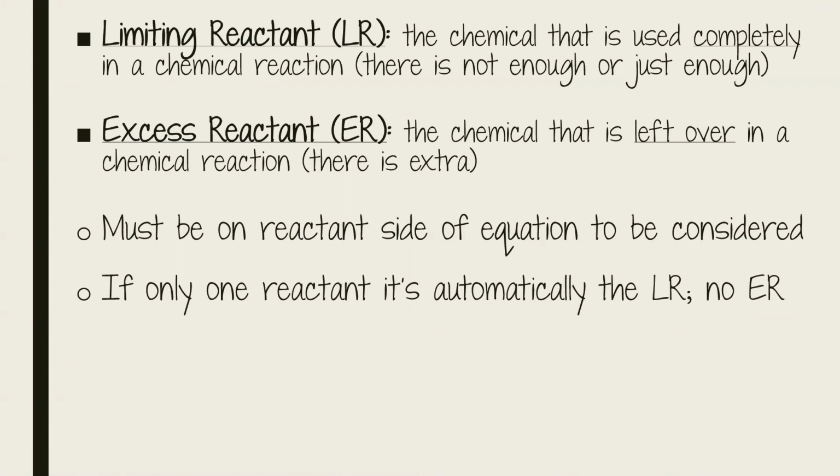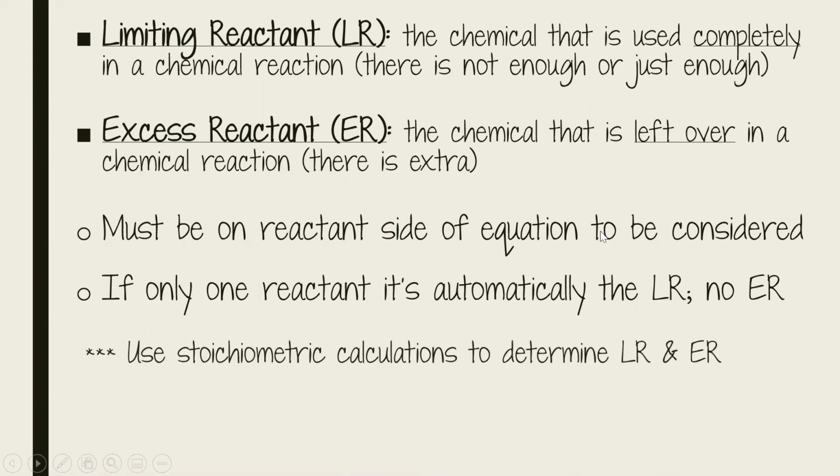There are going to be situations where you only have one reactant and it decomposes. Okay, if that happens, I'm not tricking you. You don't have to actually solve. You don't have to figure out which is the limiting and which is the excess because there's only one. It's automatically the limiting and there is no excess. But if you have multiple reactants, you do have to figure this out.